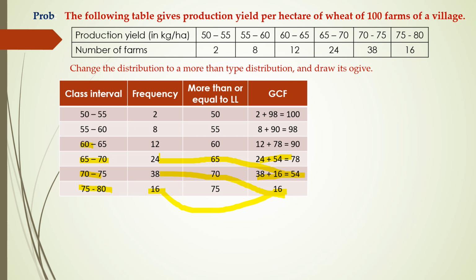Similarly for 60-65, add 12 plus 78, you will get 90. The remaining ones are 8 plus 90, 98, and 2 plus 98, you will get 100. In this way, we can calculate the greater than cumulative frequencies.